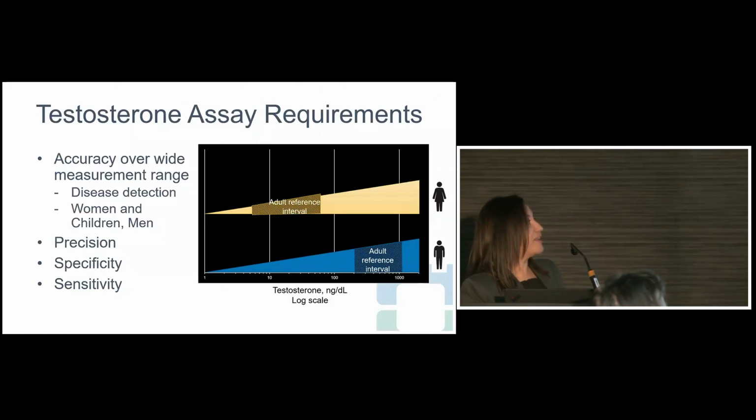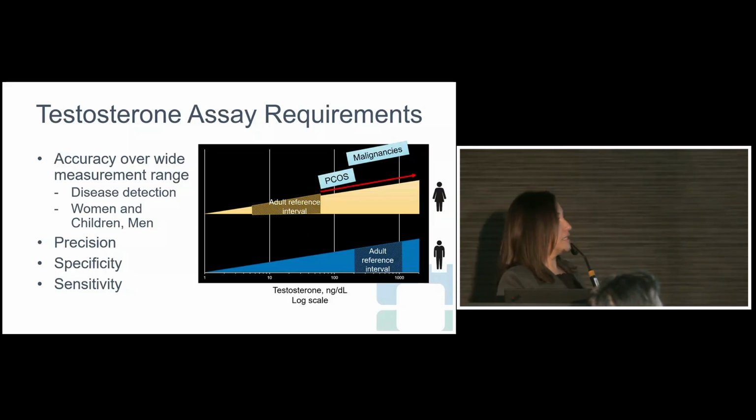So recapping what we would like for a testosterone assay, in this diagram we see that there's, again, large differences in the concentrations that we want to measure in adult, healthy male and female. So we want an accuracy over a wide measurement range, but we also want to be able to assess disease.